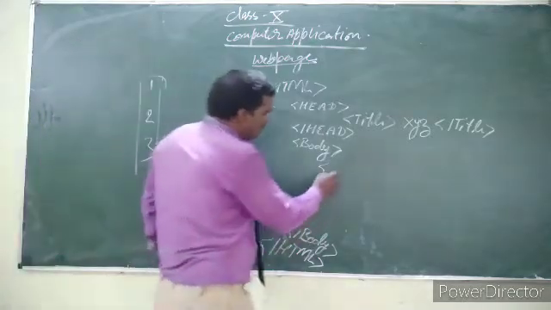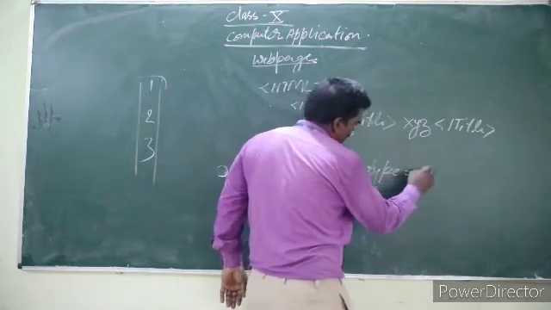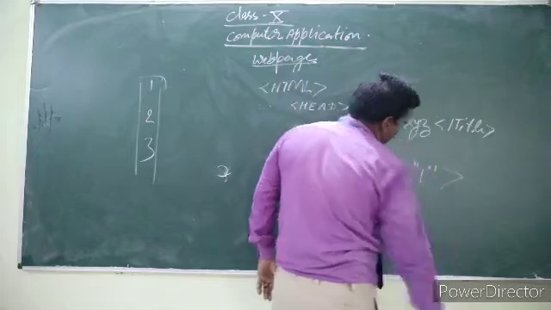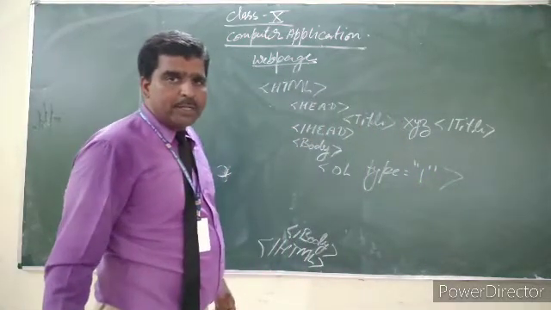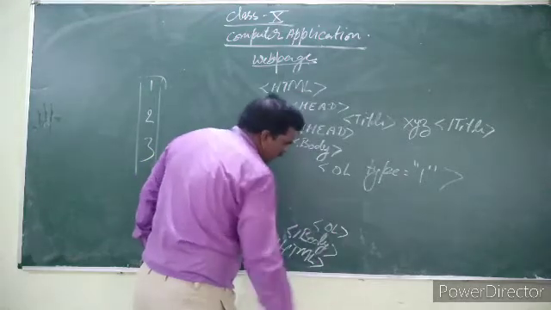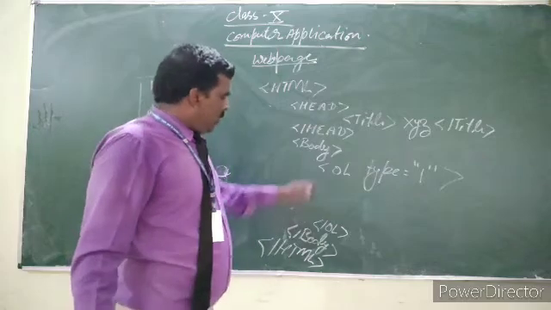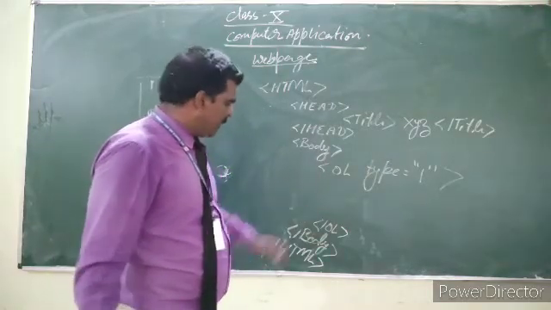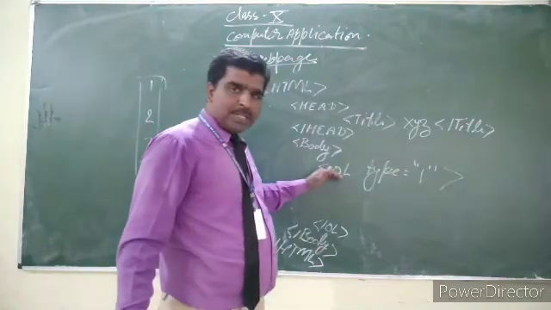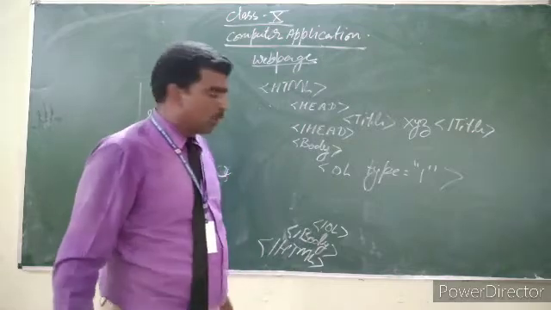So for that, type equals 1, ordered list type equals 1. Afterwards, the ordered list should be closed. Here two things: one is the ordered list that has been started, afterwards the ordered list that has been closed.